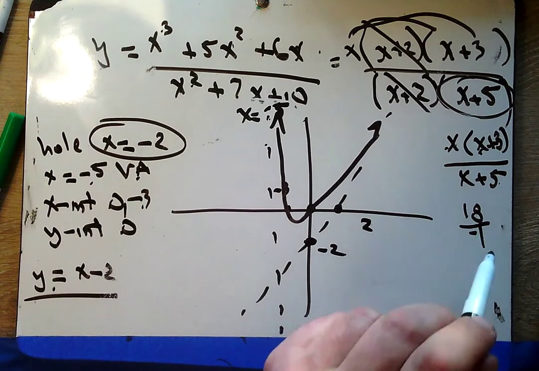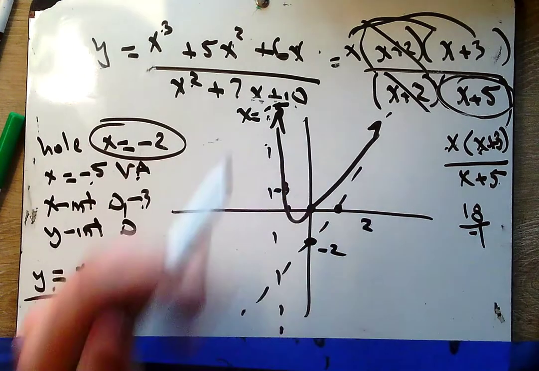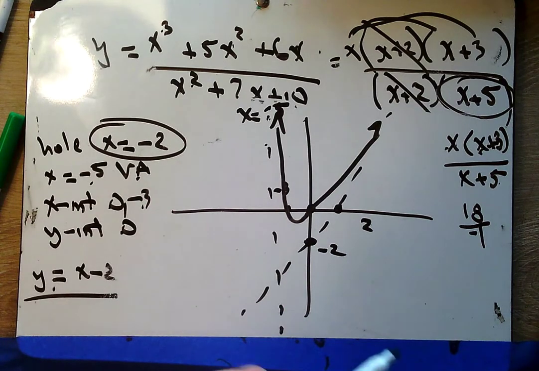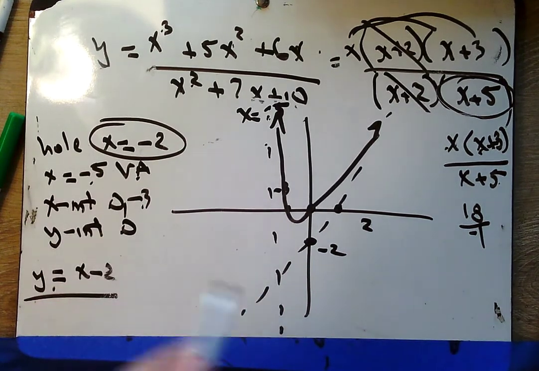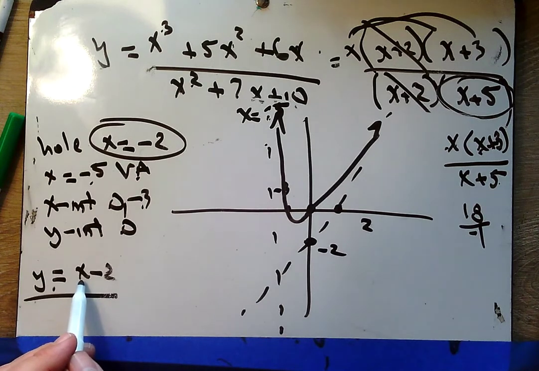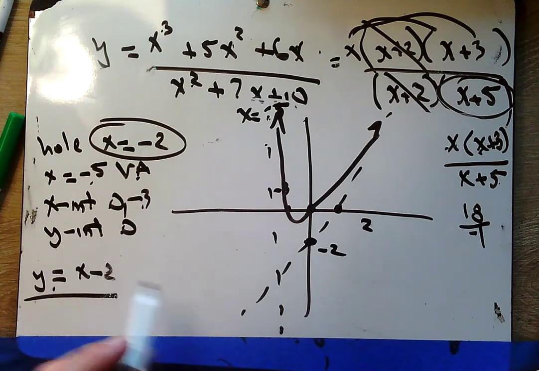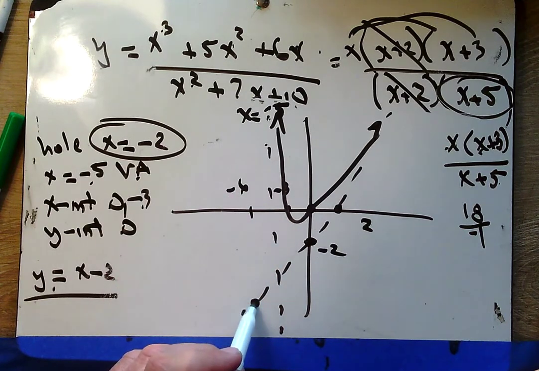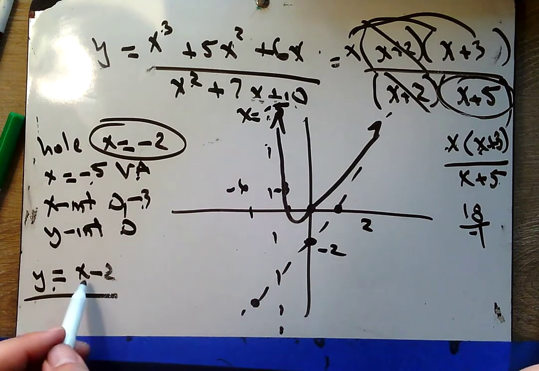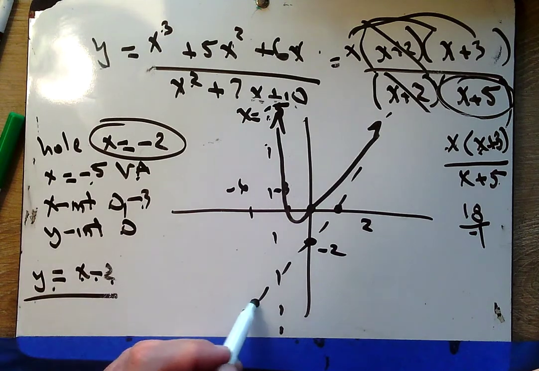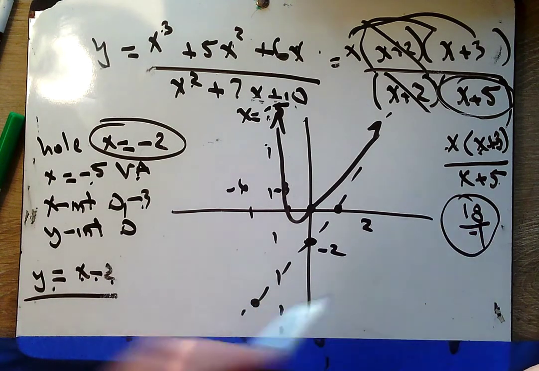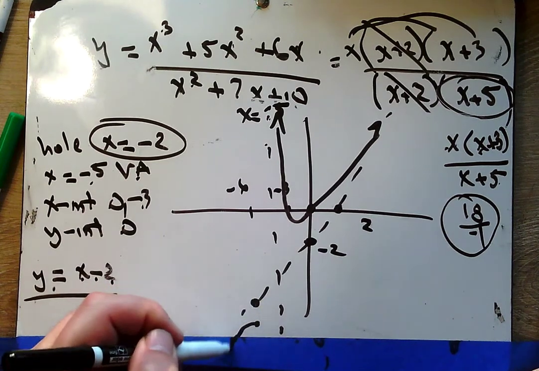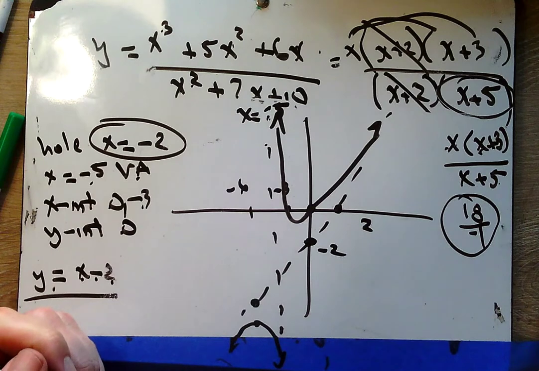So I'm getting -18. Is that above the slant asymptote or below the slant asymptote? Well, if I plug that -5 into the slant asymptote equation, I get -5 minus 2 or -7. So here at -6, the y value would be -6 minus 2 is -8. But we just got -18. -18 is way lower than -8. So my graph is going to look like that.